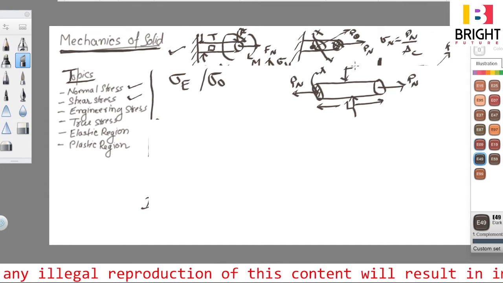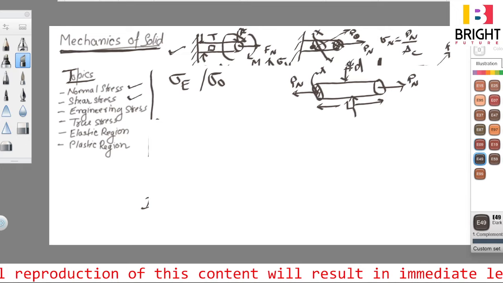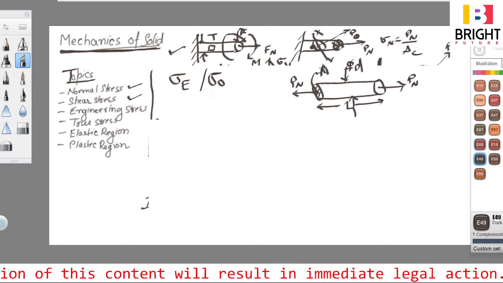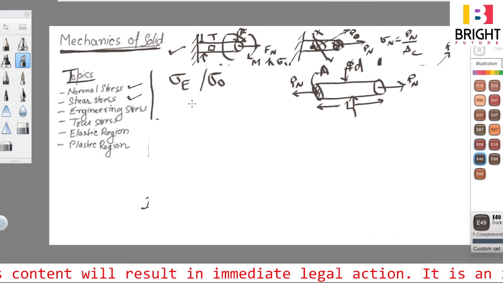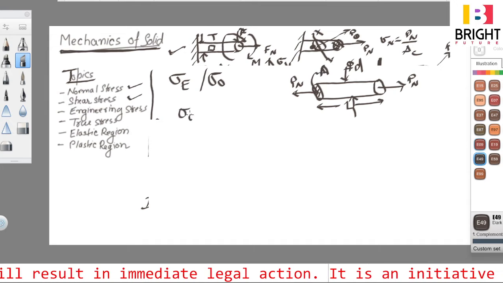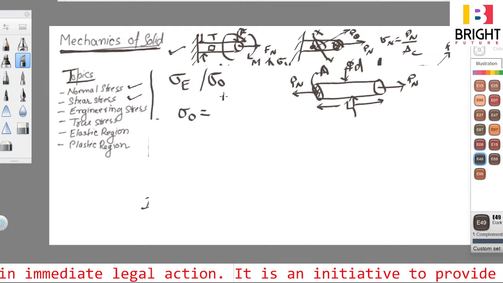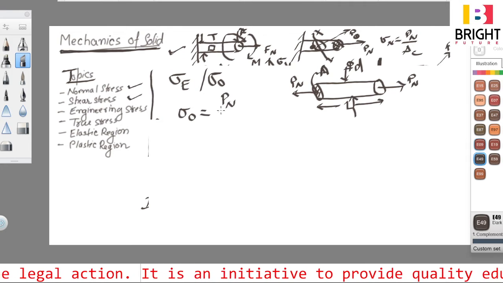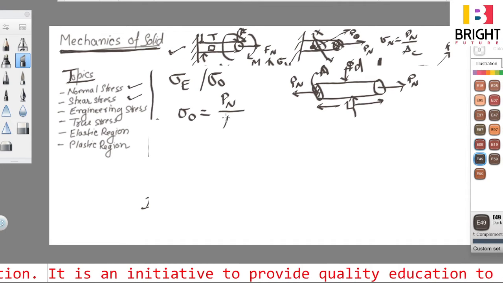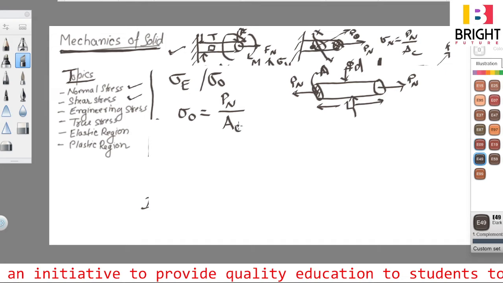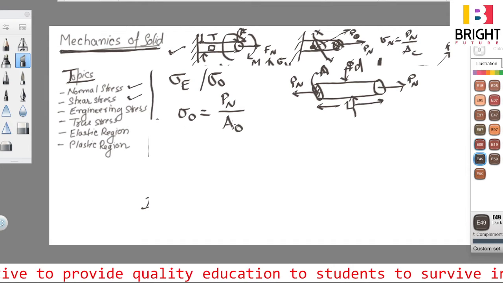I am just drawing it. Its diameter is D and its area is A. Now engineering stress says that engineering stress is equal to normal load by original area. O is for original area.